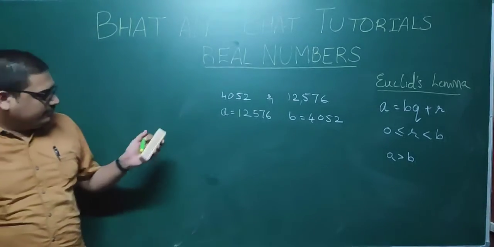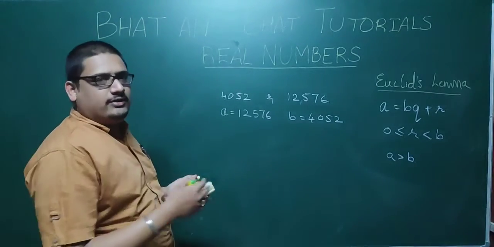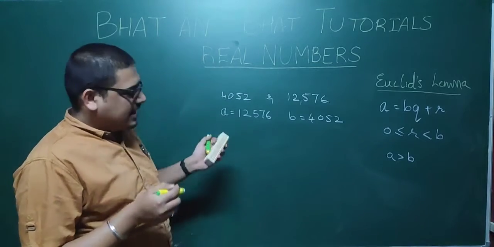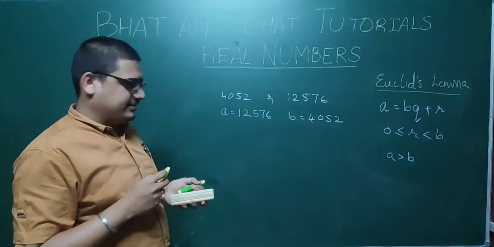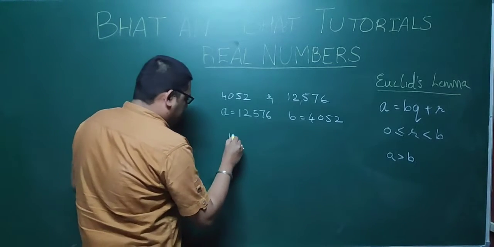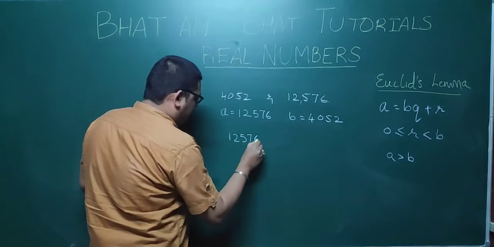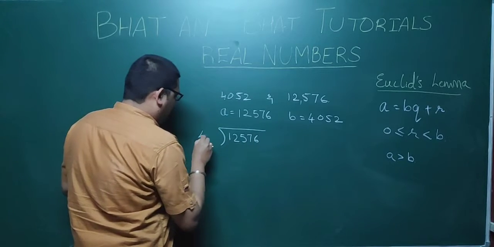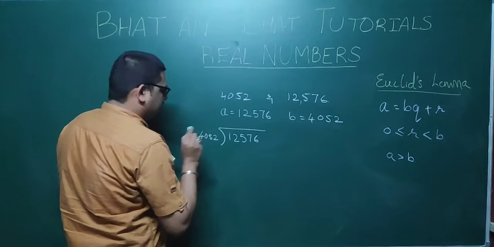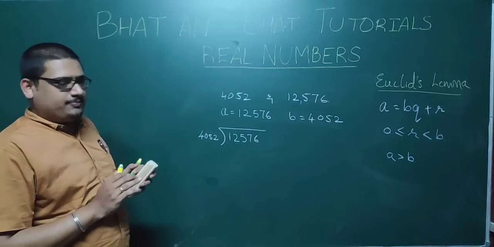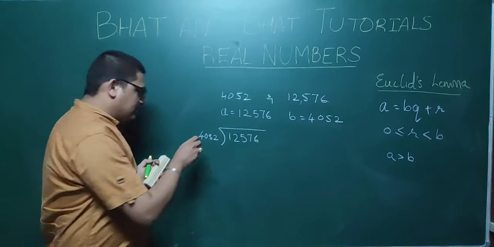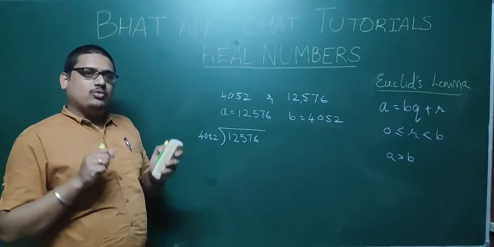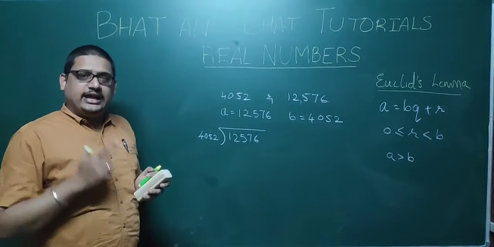Once we have concluded this, we go ahead with our simple long division process and convert that into Euclid's division lemma mathematical format. So 12,576 divided by 4052 goes under our working column. Since numbers are big and calculators are not allowed in your board exams, you should make a calculated, educated guess.